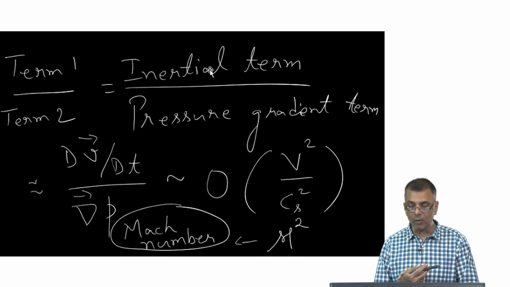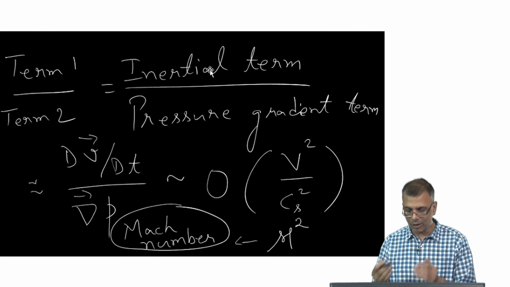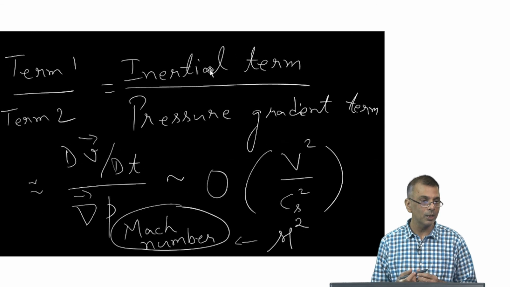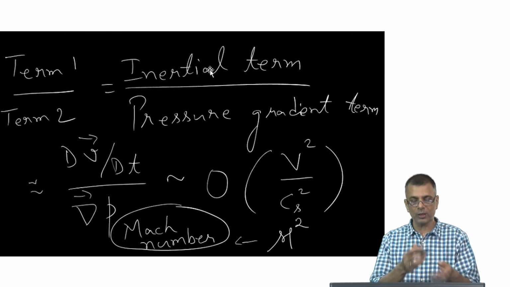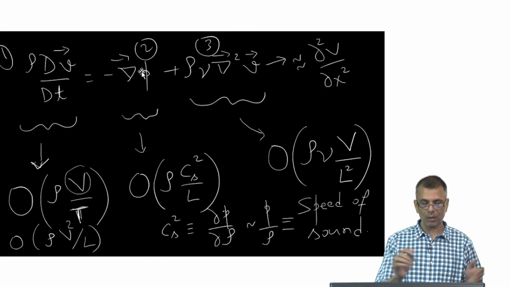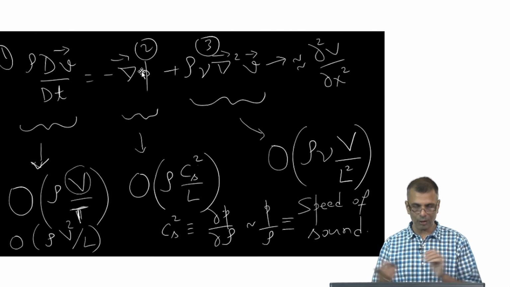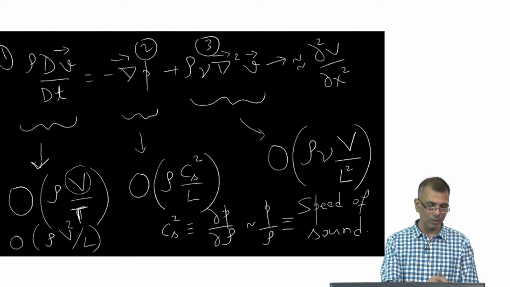If the Mach number is low, then the pressure gradient term is more important than the inertial term. This dimensionless number gives you a good idea of which of at least these two terms is relatively more important. So this is our first encounter with it, and this is how it comes about.